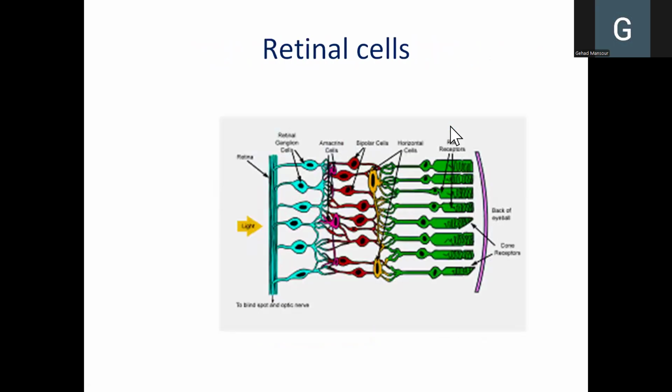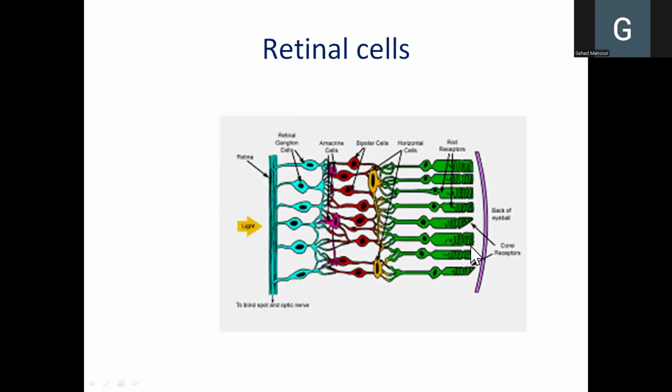Concerning the retina, as we said, this is the inside of the eye, and this is where light comes from. And these are the nerve cells in the retina. So the retina is nothing but a neural tissue. At the very far end of the retina, near the back of the eyeball, we have the rods and the cones.